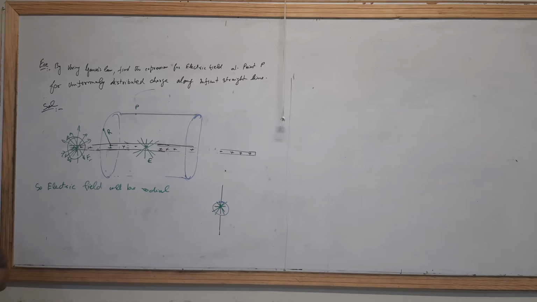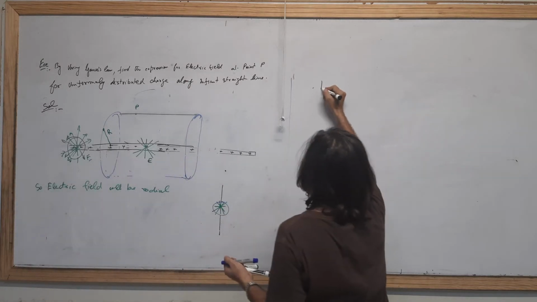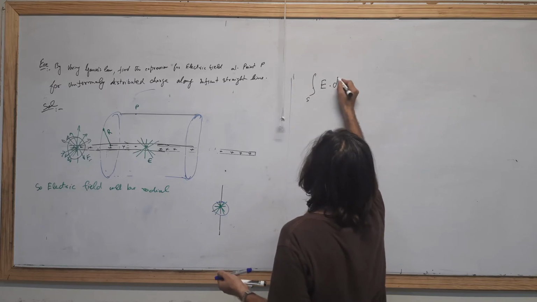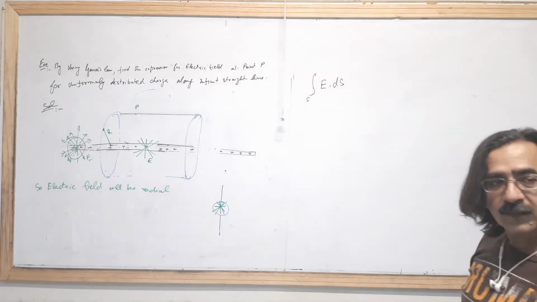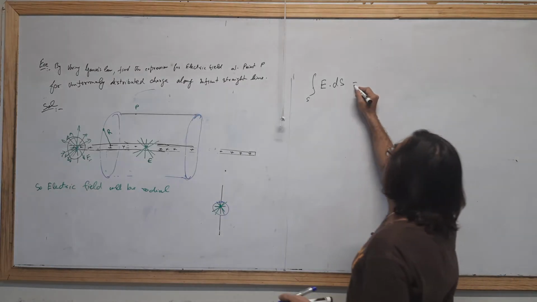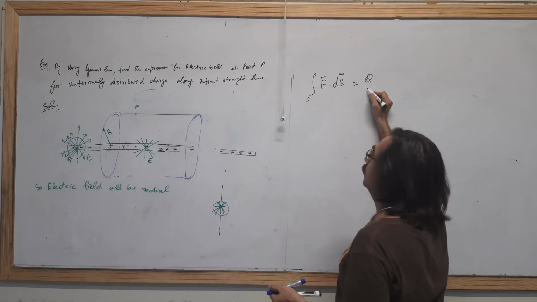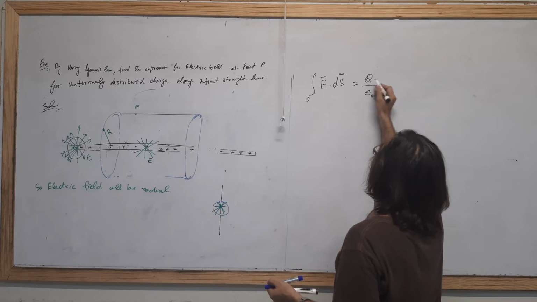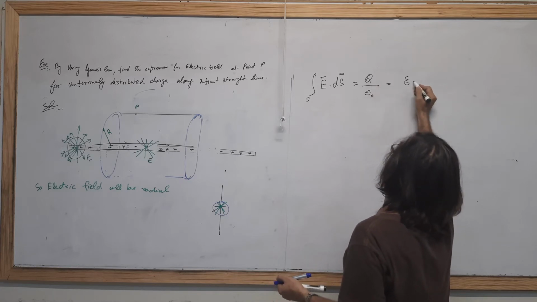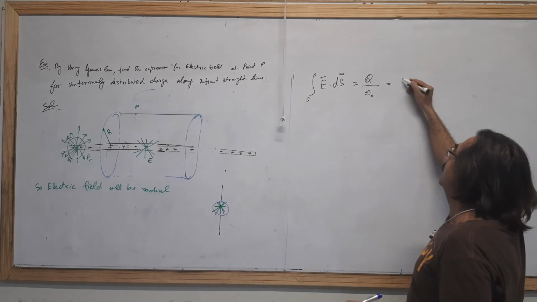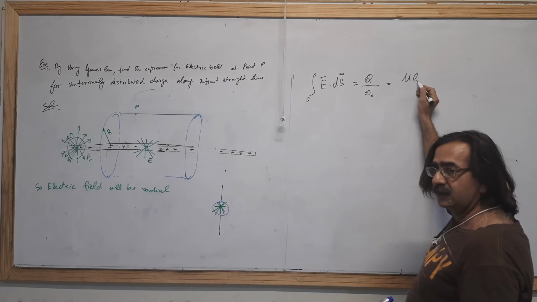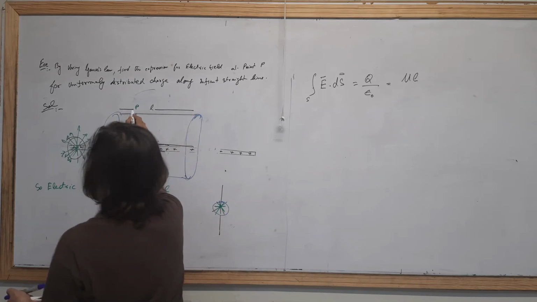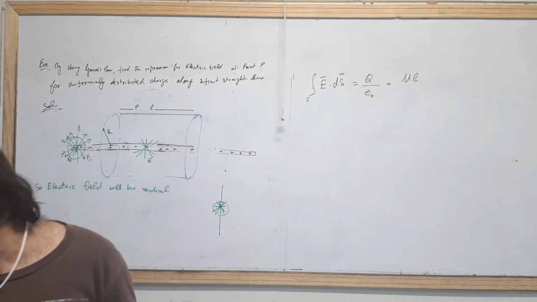According to Gauss's law, the integral of E dot dS will be equal to Q over epsilon naught. Q is along the line. Linear charge distribution is along the length. If this is the length L, the charge will be along the line.